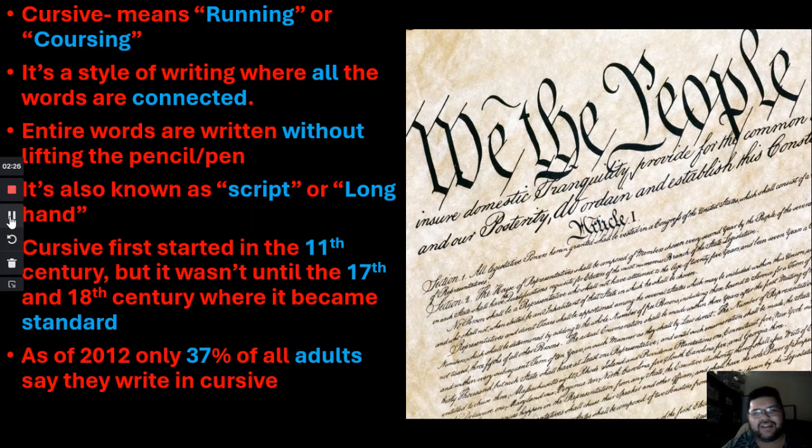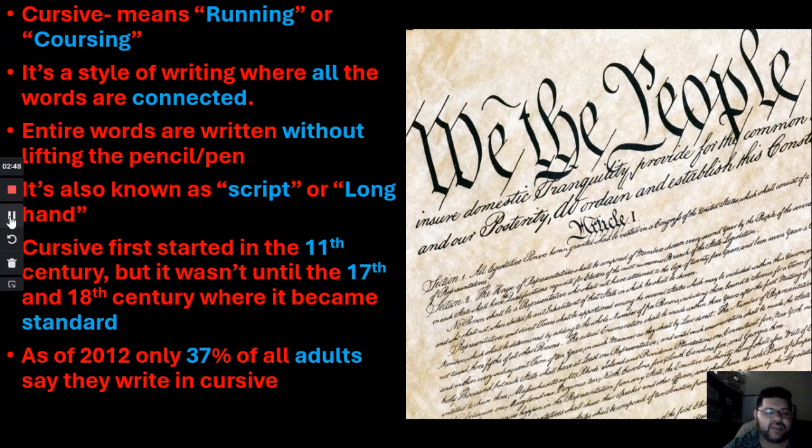Not necessarily. I don't do it completely all the way through when I write a word in cursive. You should, but do you always have to? No. And again, that gives a distinction to your writing style.